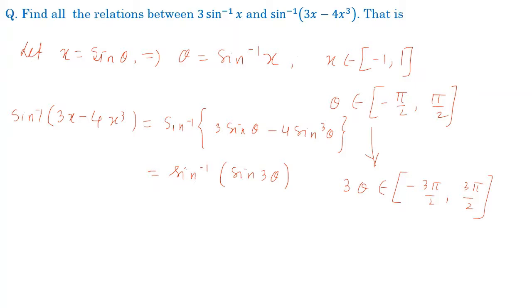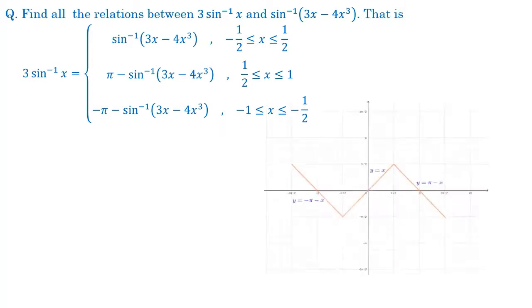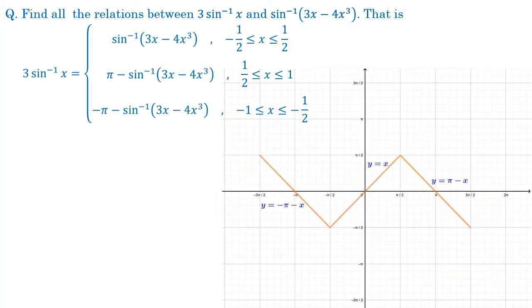Again, from the graph we can find the different branches of this relation. Before that, just to recall, 3 theta belongs to minus 3 pi by 2 up to 3 pi by 2. These are the relations I will get after this. And you see first the relation graph. This is the graph.